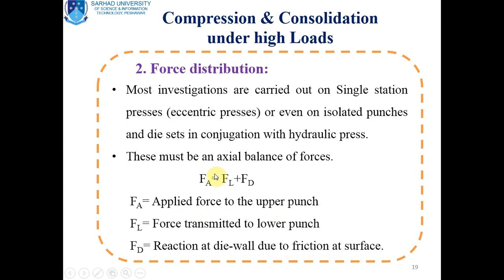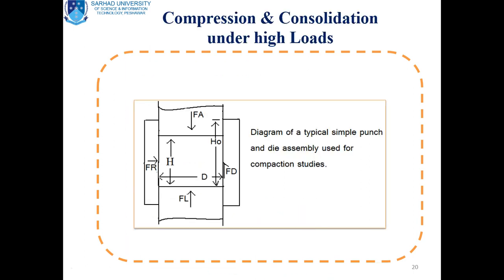We can calculate it as the combination of the force transmitted to the lower punch, adding the reaction at the die wall due to friction at the surface. By using this equation we can evaluate and determine the applied force to the upper punch.